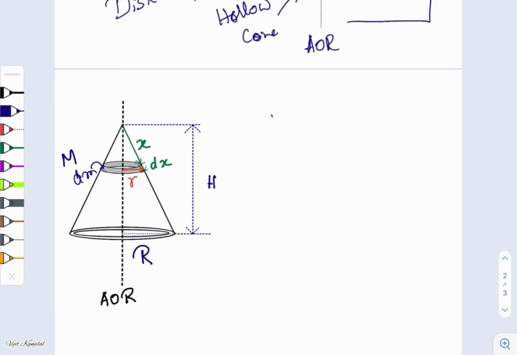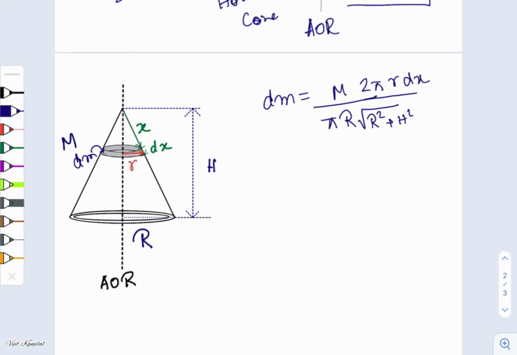So we can clearly write dm would be equal to m by pi R root over R square plus h square, that is the surface area of this hollow cone, times 2 pi r times dx, where r is the radius of this ring and dx is the thickness of this ring.